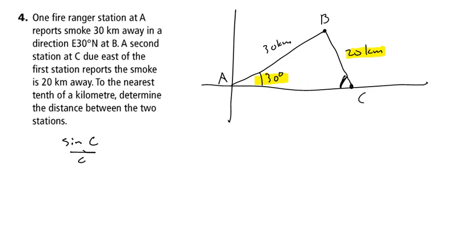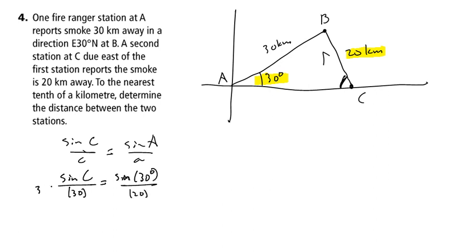So we get sine C over C equals sine A over A. So that gives us sine C over 30 equals sine 30 degrees over 20.